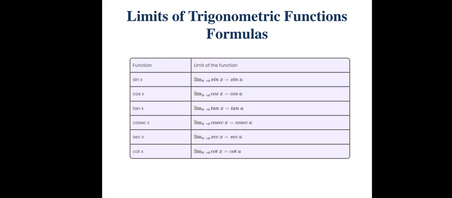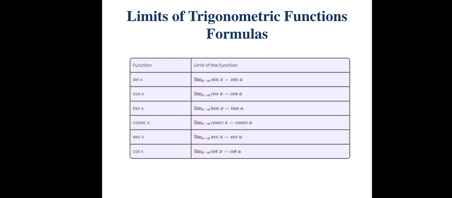Next we have limits of trigonometric functions. For the formulas, first we have sin x. If you apply the limit x tends to a, wherever we have x you just put the value, as we did in the last problems. So we get sin a after applying the limit. The second one is cos x.